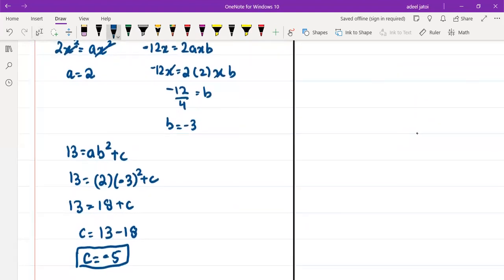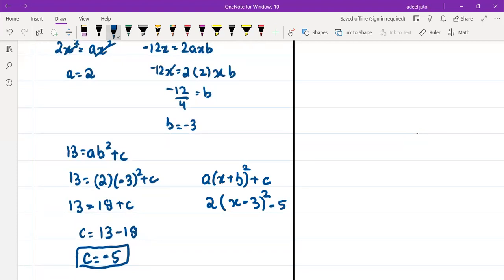But the examiner actually told you to write down this thing in the completing the square form, which is a(x plus b) whole square plus c. a value was 2. Your x will remain same, but b value is minus 3 whole square, and your c is negative 5.